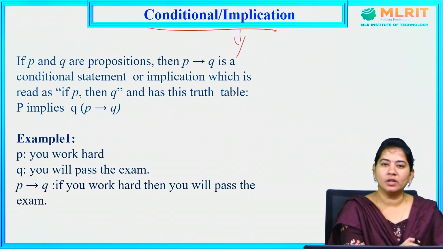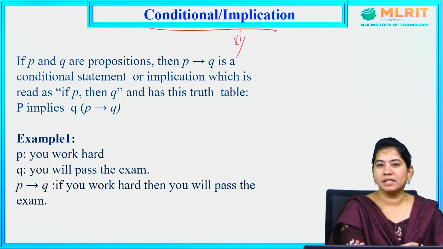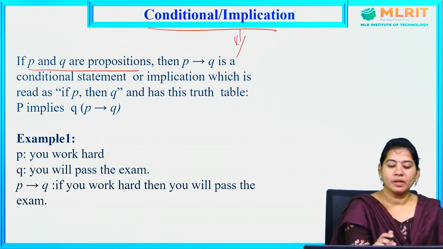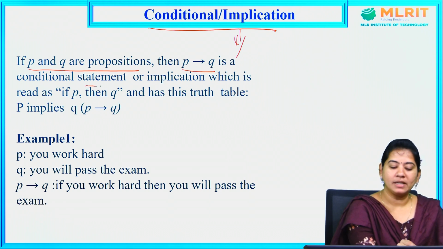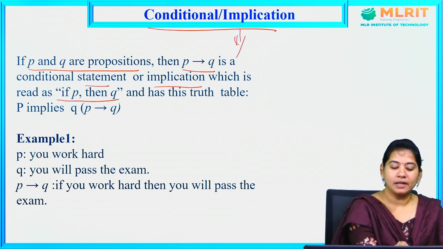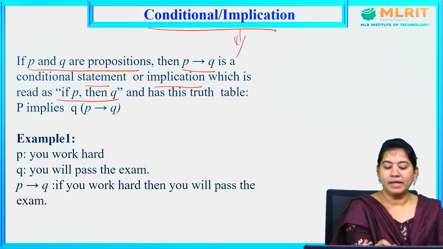So what is meant by this implication, or conditional statement? Let us suppose P and Q are propositions. Then P implies Q is a conditional statement or implication, which is read as if P then Q. It has its truth table.